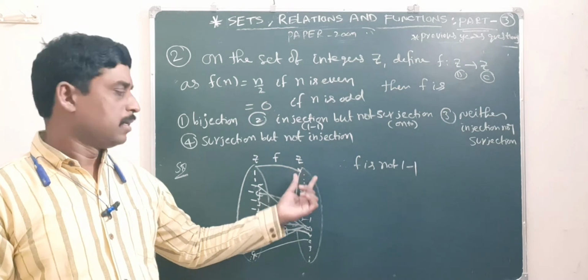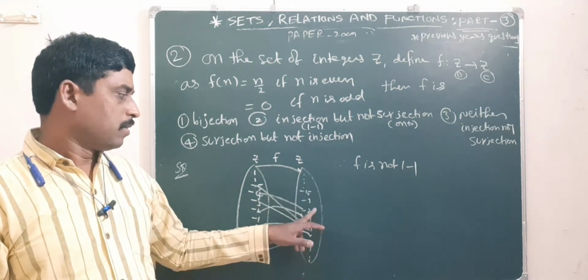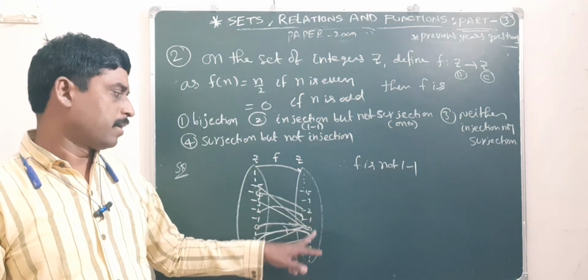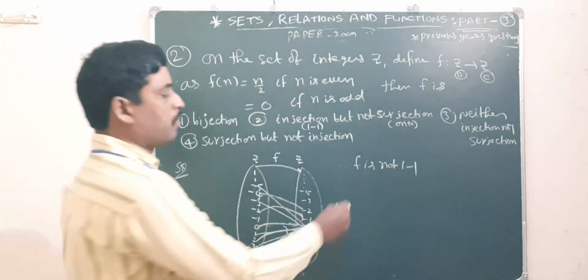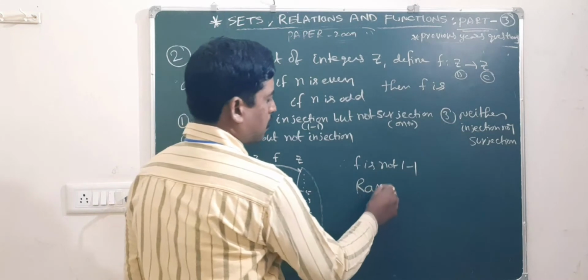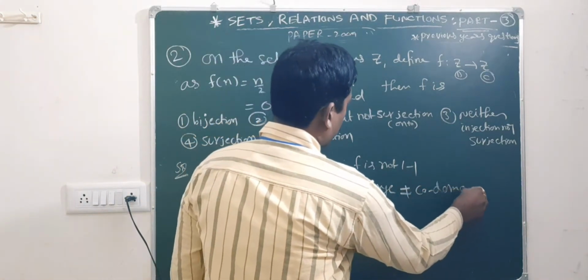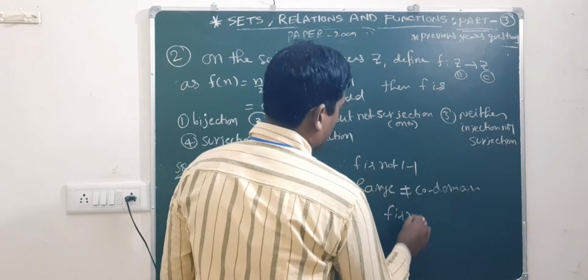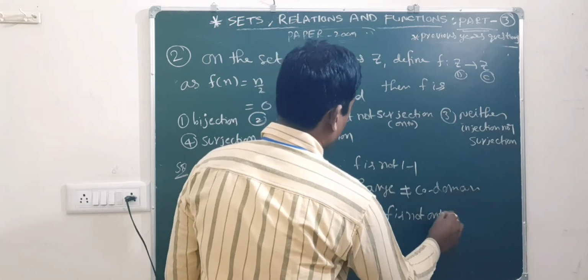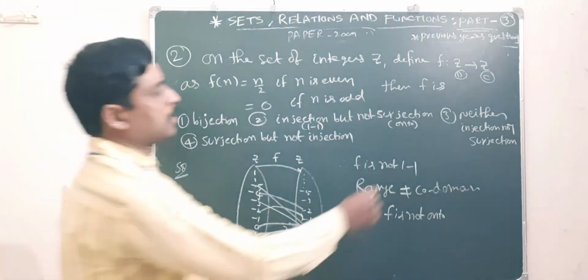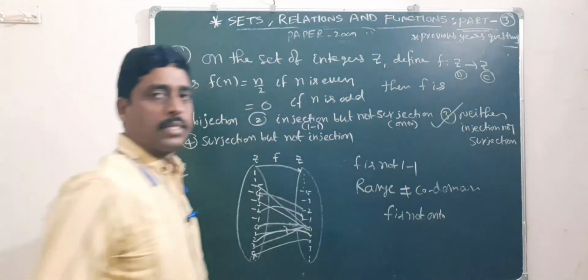The codomain is Z. The range has only some numbers: 0, minus 2, minus 1. So range is not equal to codomain. Therefore f is not onto. So the correct answer is neither 1-1 nor onto. Which option is correct? The third option is correct.